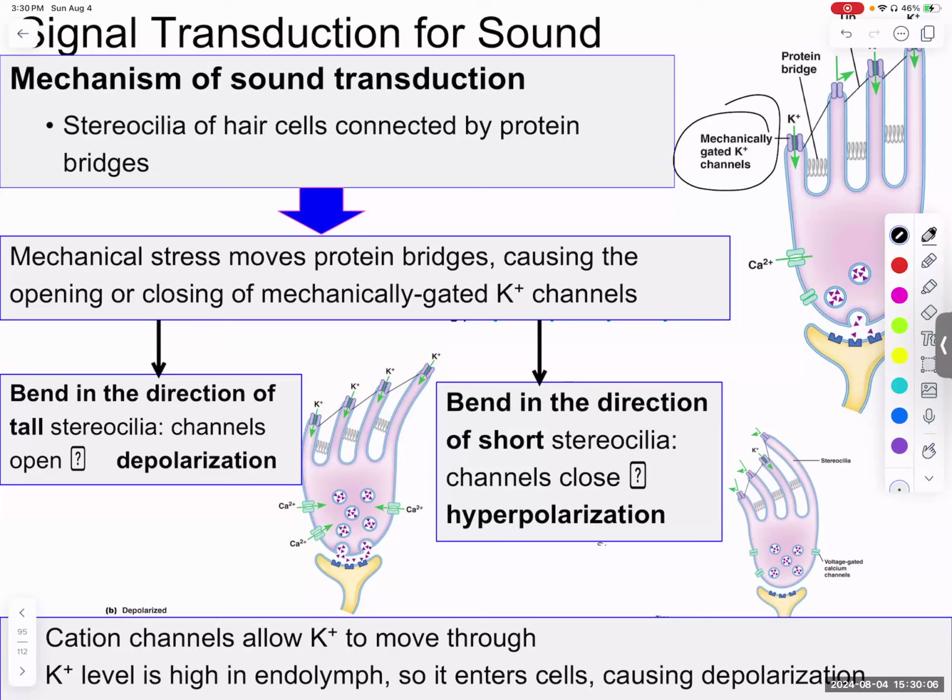As they're bent, it mechanically opens potassium channels. If you bend in the direction of the tall hair or stereocilia, the channels are going to open. That causes potassium to come in, and the inside gets more positive, or depolarizes, which opens voltage-gated calcium channels, which then can cause neurotransmitter to be released and an action potential to be generated.